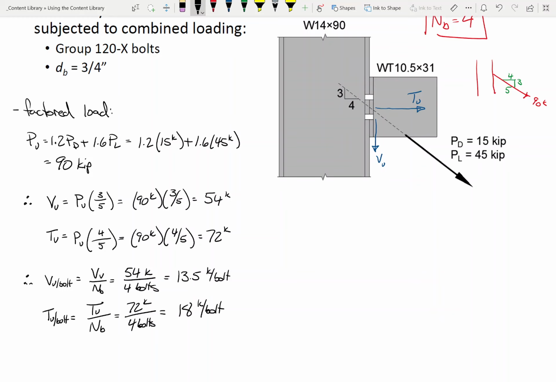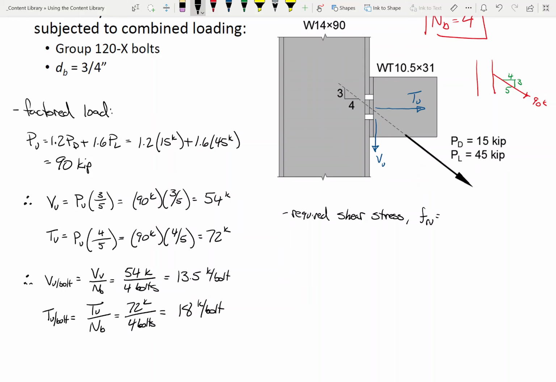Okay. All right. Now, the last thing that I am going to compute is this term, required shear stress, FRV.